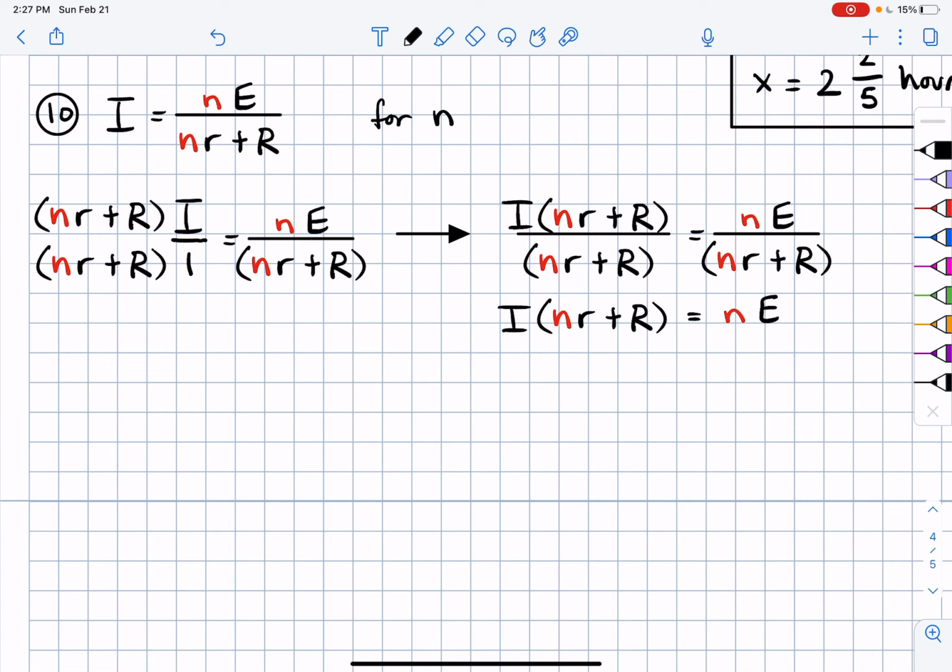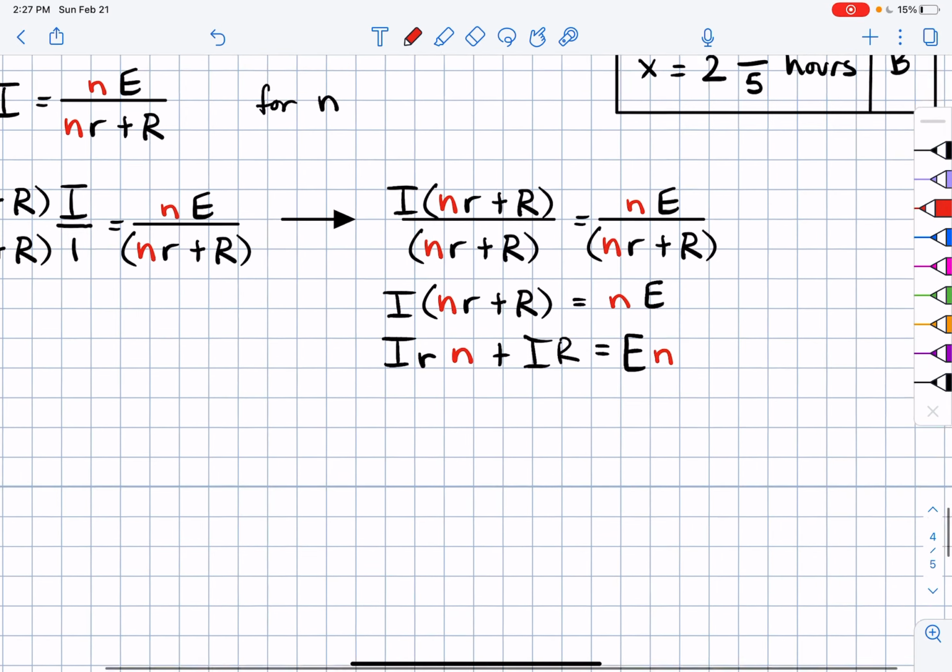So I'm going to have I R n plus I R is equal to, let me reorganize this one to E n. The reason I'm doing it is because if I was solving for x, typically we write the x in the very back.